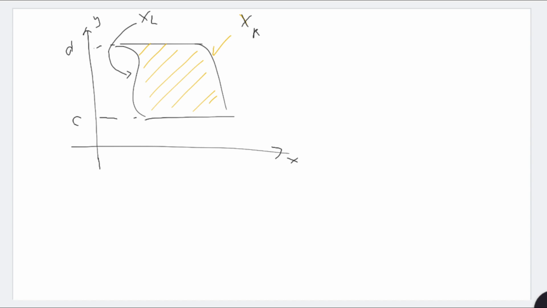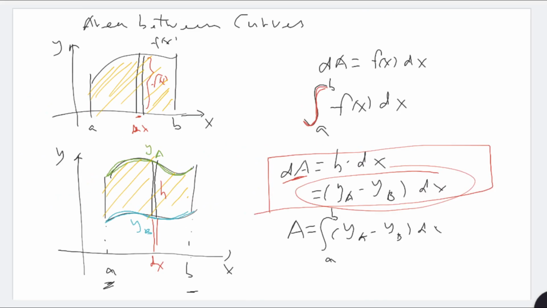So for this kind of region, we will not slice the region the way we usually do, in the vertical fashion.